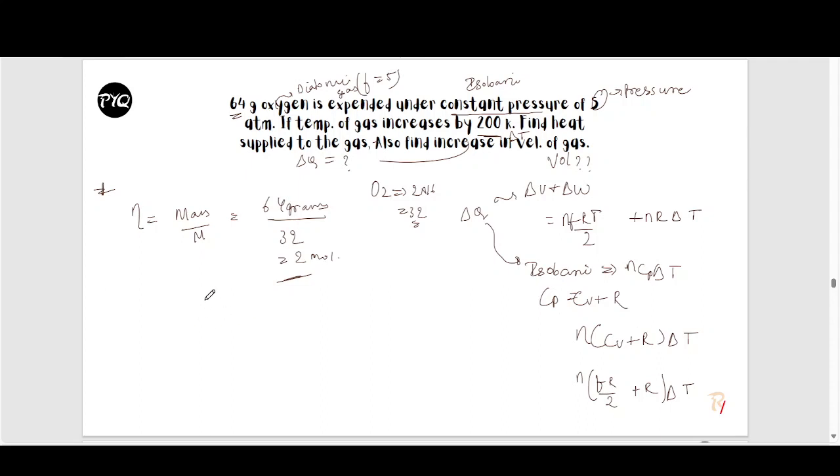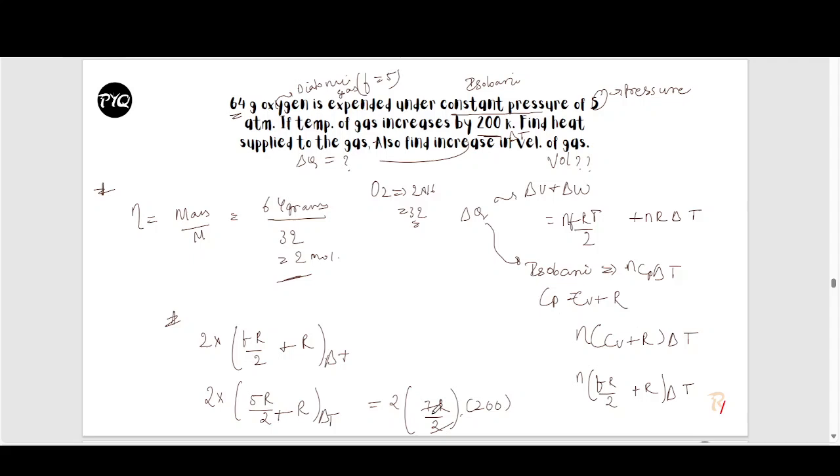Therefore, 2 into F, degree of freedom 5, into R by 2 plus R into delta T. That is 2 into 7R by 2 into delta T, where delta T is 200 kelvins.